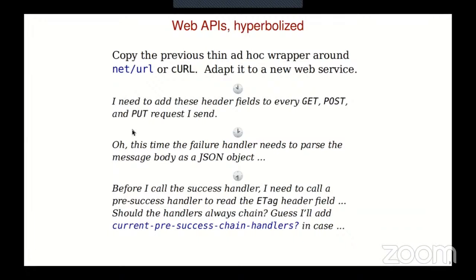So here's my little motivational caricature of web API programming. Start by copying some previous thin wrapper library and adapt it to the new web service. There are good reasons to have some sort of wrapper library so that you can enforce invariants, like every time you perform a request, add certain header fields, maybe a client ID or an authorization token.